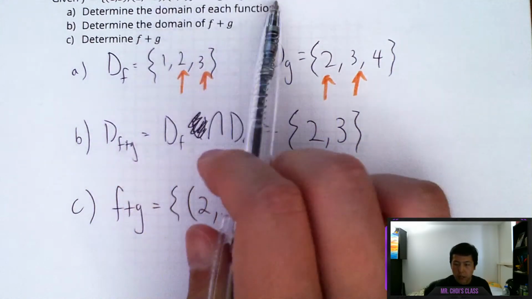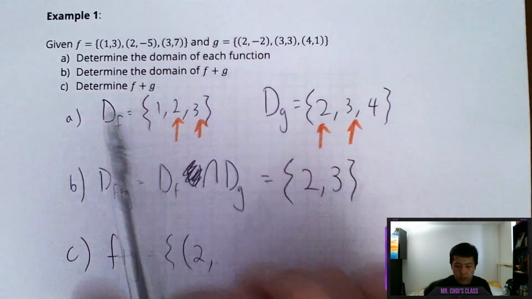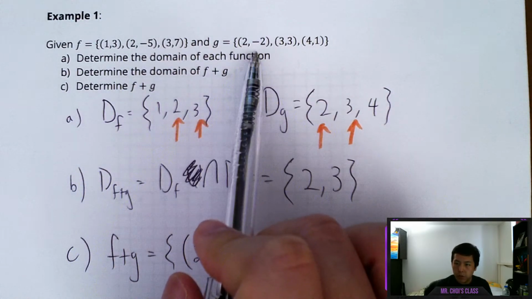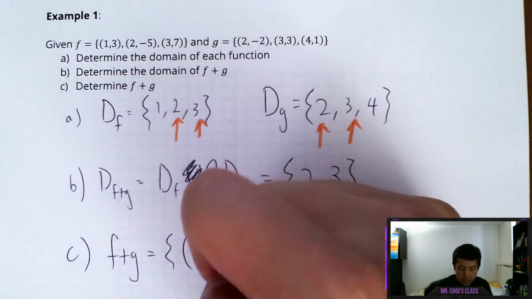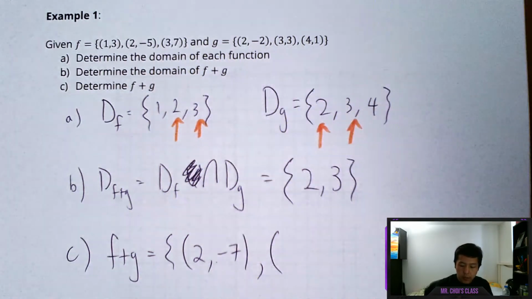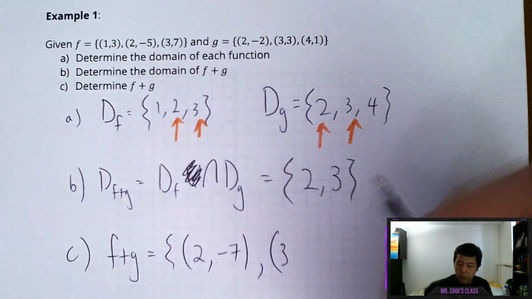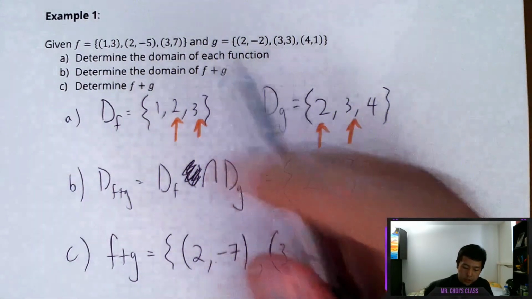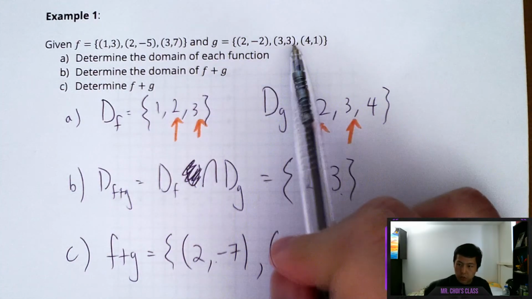So we're going to go -5 plus -2. Sorry, you can't see that. -5 plus -2, right? And that's going to give me -7. And I'll write that out in a second. And then the second one, we're taking the x value of 3 in the domain, and that's going to give me 7 plus 3, which is 10.